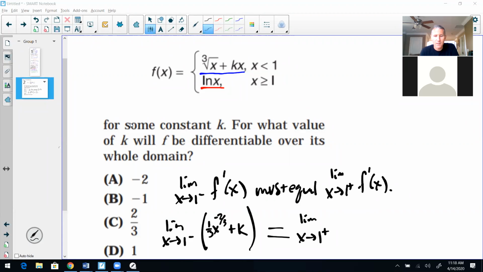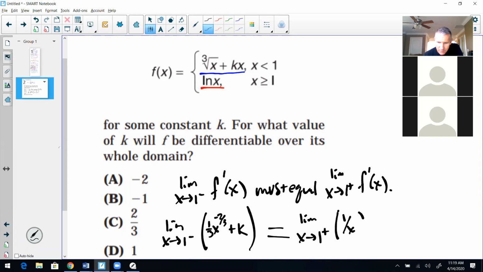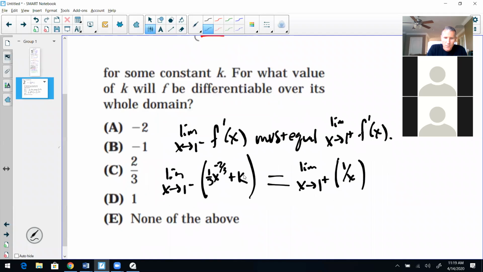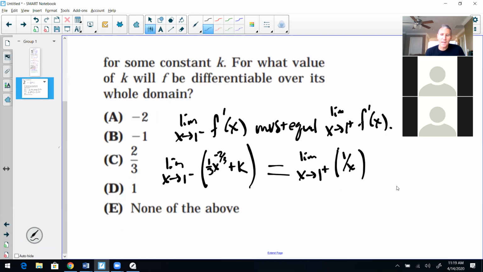What's f prime of x as I take the limit as x approaches 1 from the right? That's just the derivative of ln of x, which is 1 over x. Yes! Now on the right-hand side of my equation, the limit as x approaches 1 of 1 over x is just going to be 1.